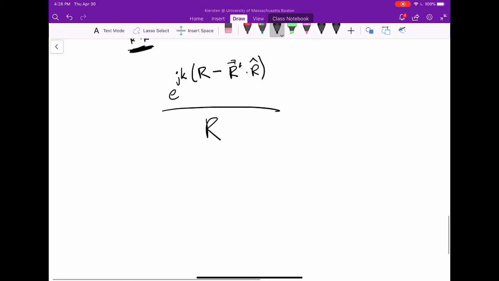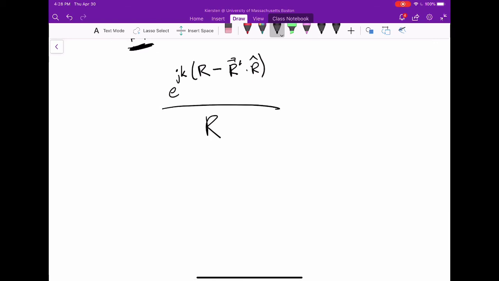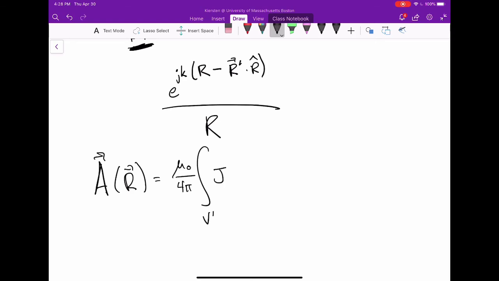Putting that back in my radiation integral, remember we're going for the magnetic vector potential, A of r is equal to mu naught over 4 pi, integral over the primed coordinates, J of r prime, e to the minus jk r over r.